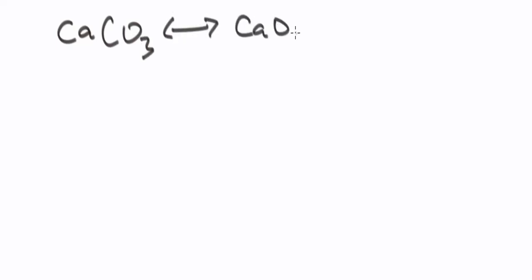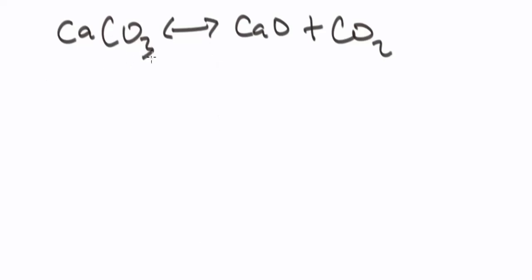Let's say we are given this decomposition reaction: calcium carbonate decomposes to give calcium oxide plus carbon dioxide. Note that we use this double-headed arrow to indicate that the reaction is in equilibrium.